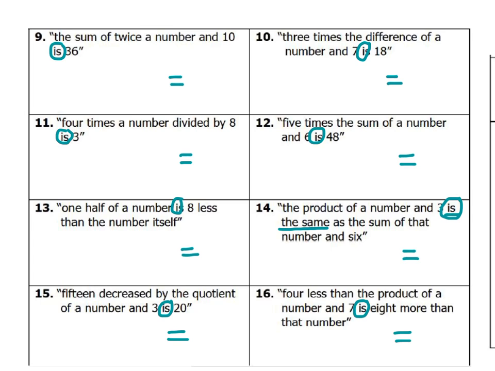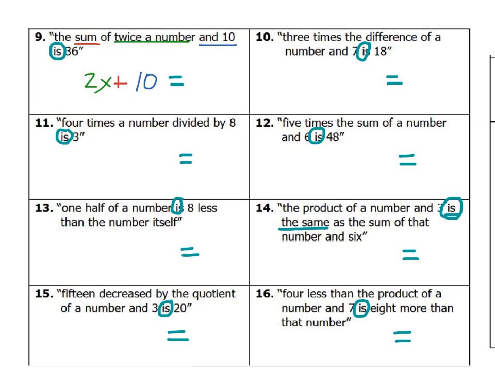Now let's go back. The sum in number 9, the sum, so I'm going to have a plus sign here, of twice a number, so that means twice a number is 2 times x and 10.